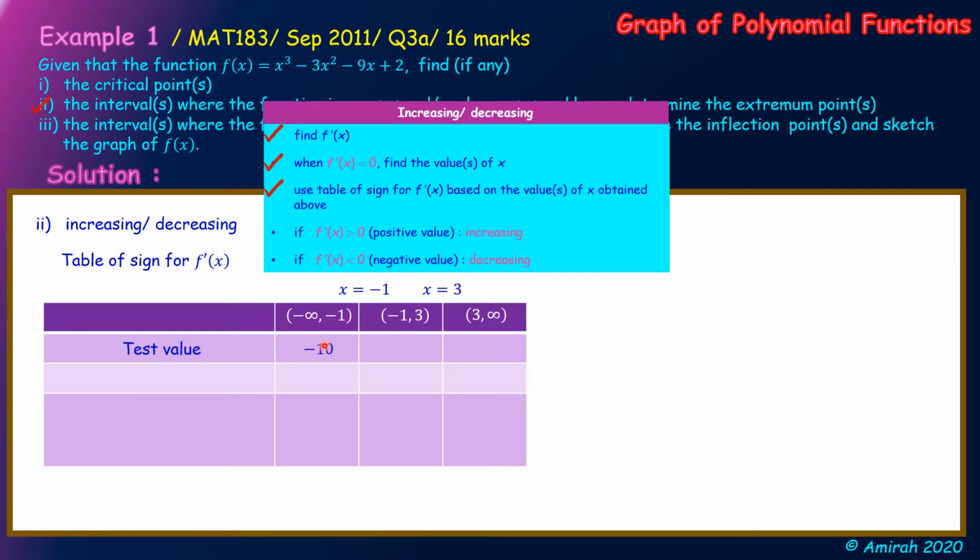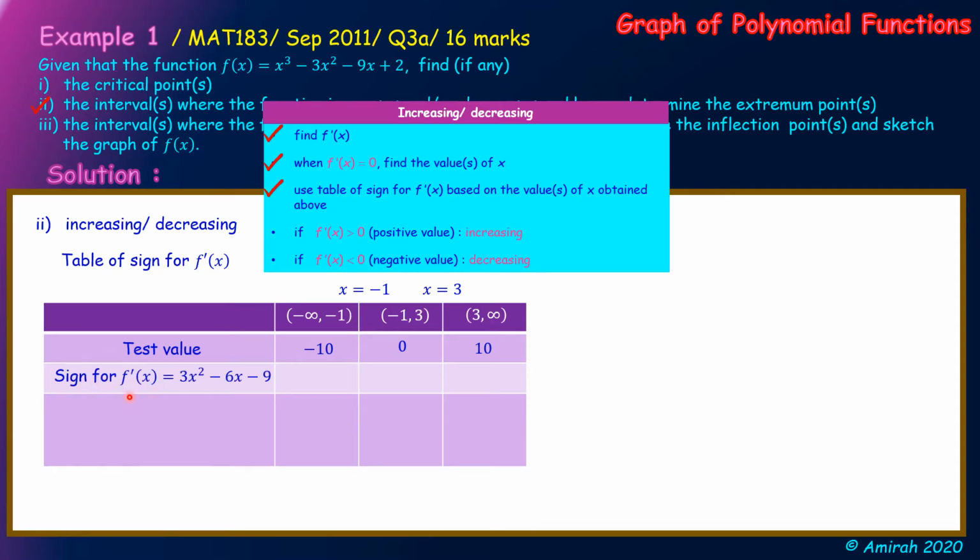Between negative 1 and 3, we can choose 0. Actually, we can choose 1 or 2, but we choose the simplest one. For the column 3 to infinity, let's say we choose 10, that satisfies the interval 3 to infinity.